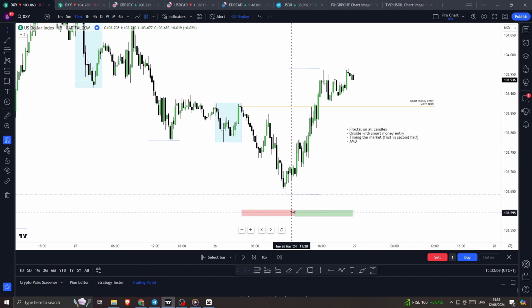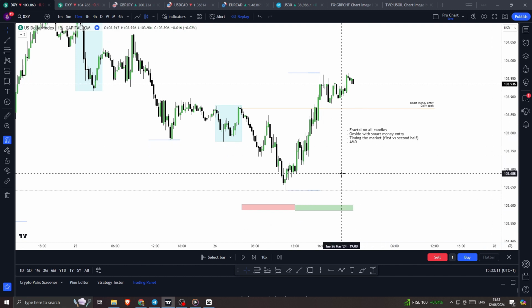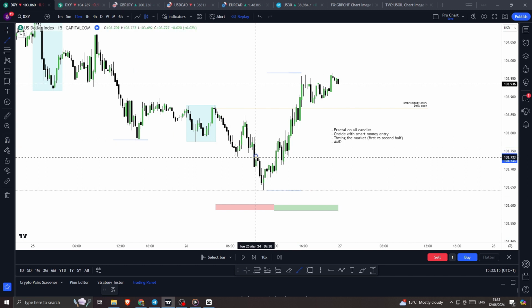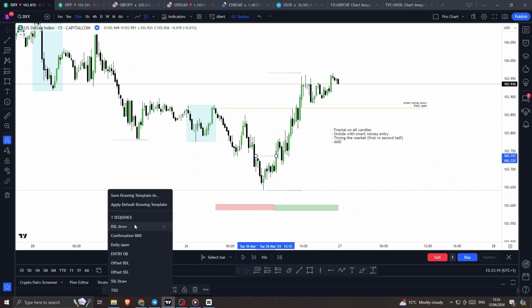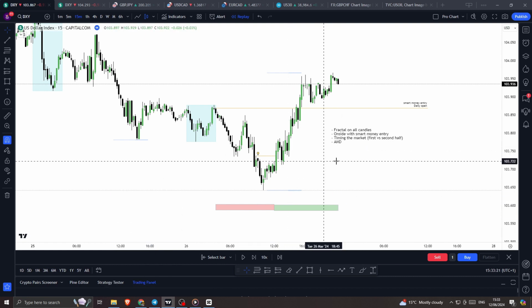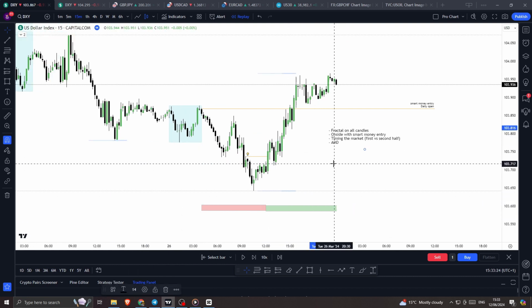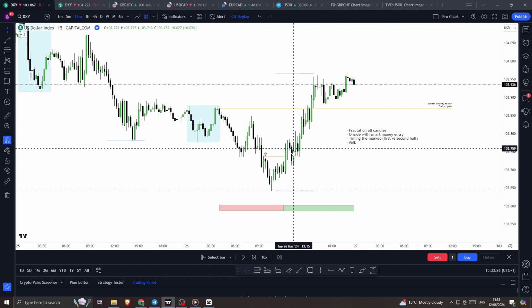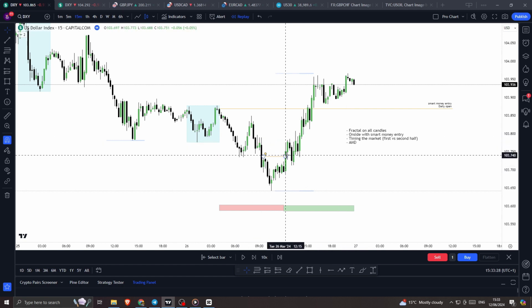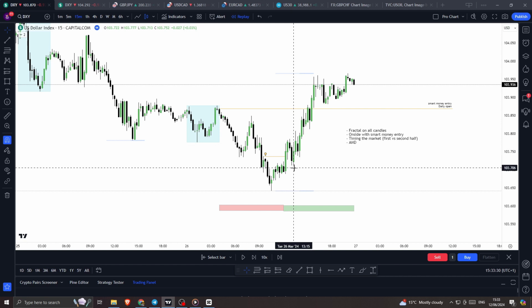So this little annotation is just a visual representation of us being on the right side of the market or not, right, at the right time. So let's say that's the break of market structure, and then we've got, let's say that's the break of market structure, and then this would be our entry.